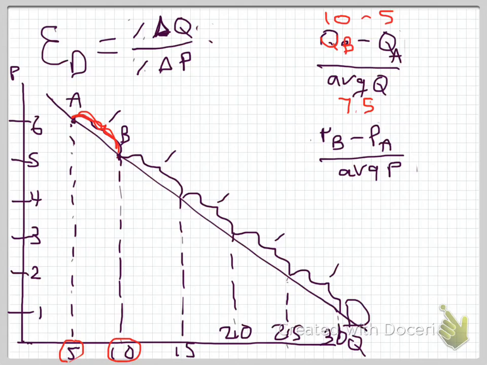So however you do that, this fraction is going to end up being what? 5 over 7.5.